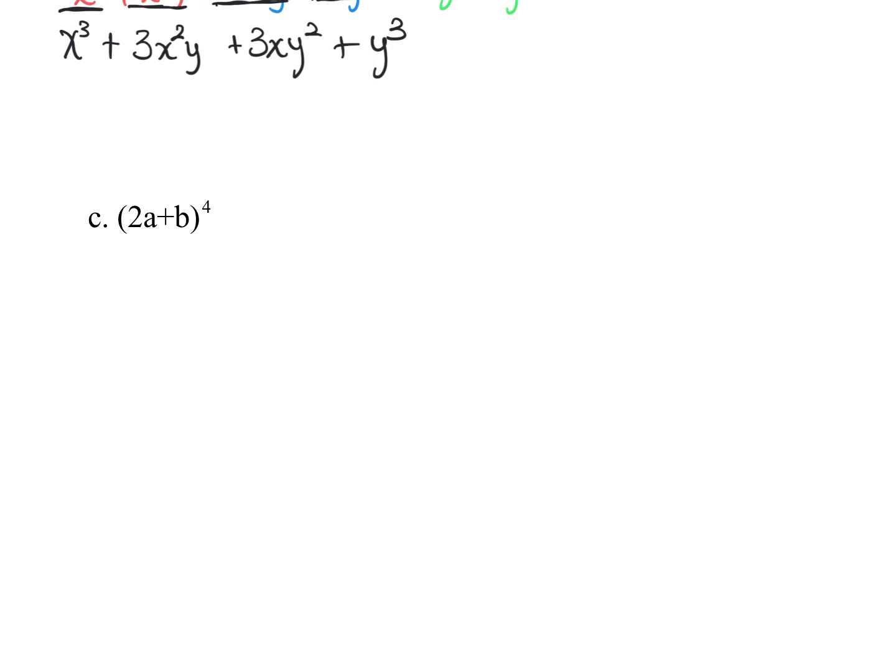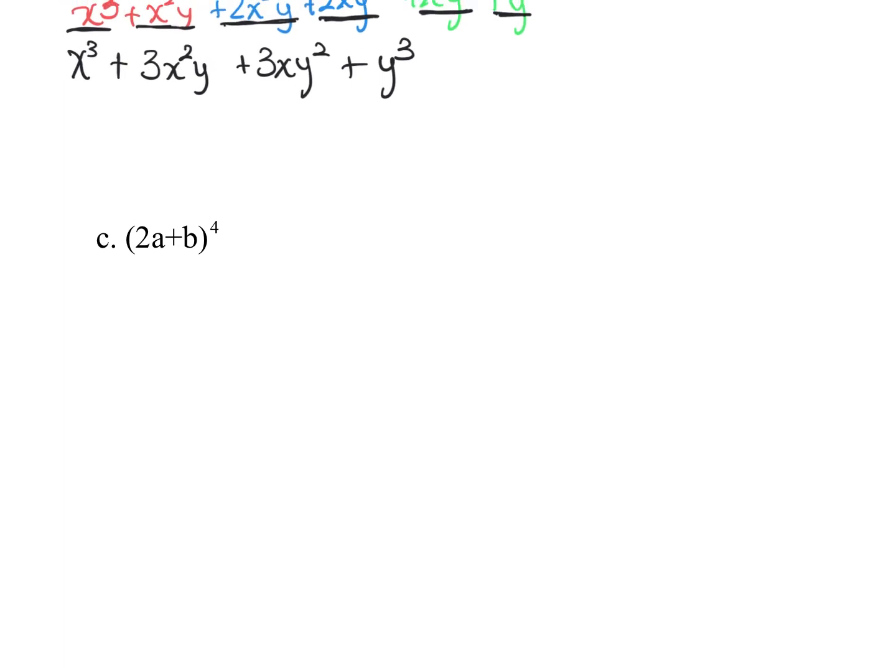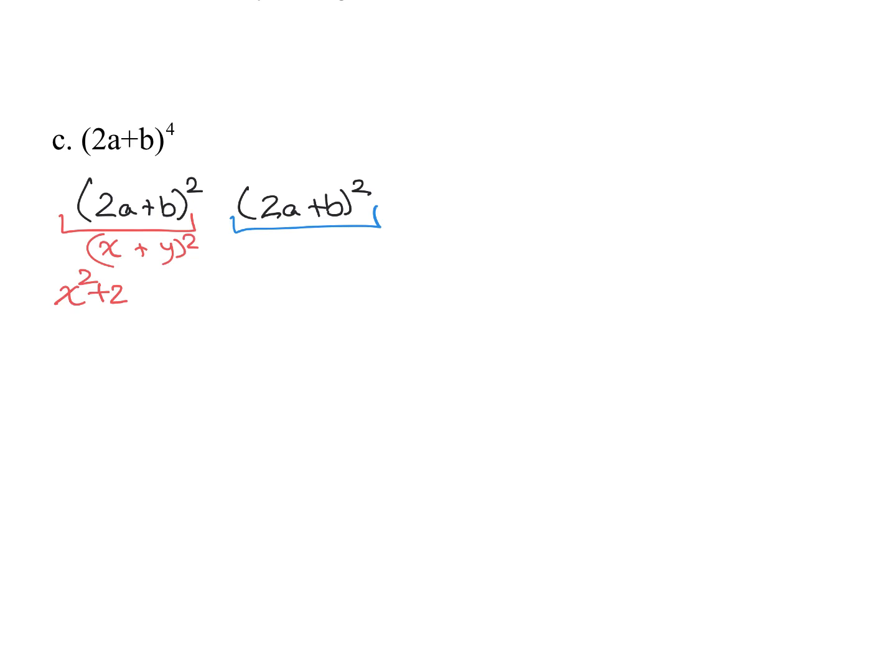We're going to write this one again. I can write this as 2a plus b squared times 2a plus b squared. And then I can apply the pattern to this and the exact same pattern to this. This is my x plus y squared, which is x squared plus 2xy plus y squared.